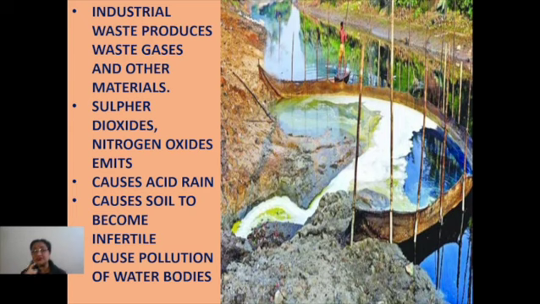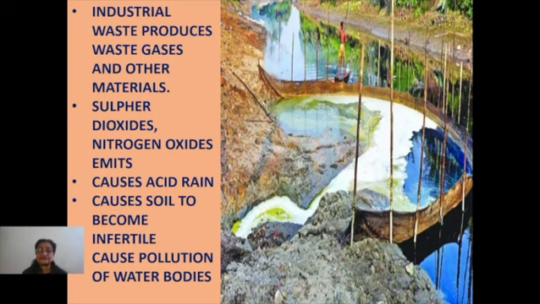Now, industrial waste, basically it produces waste gases and other materials, sulfur dioxides, nitrogen oxides. These emit very strong gases which cause a lot of harm to the surrounding environment, and a lot of such gases are released which are going to cause global warming also.